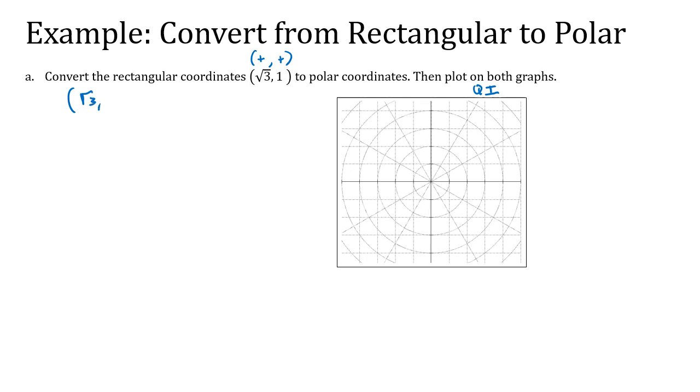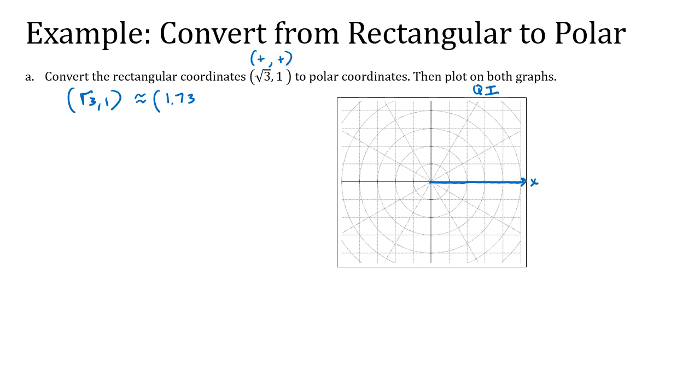Square root of 3 comma 1 is some positive x value, and you might want to just put into your calculator, what is the square root of 3? As a decimal, the square root of 3 is approximately 1.73.